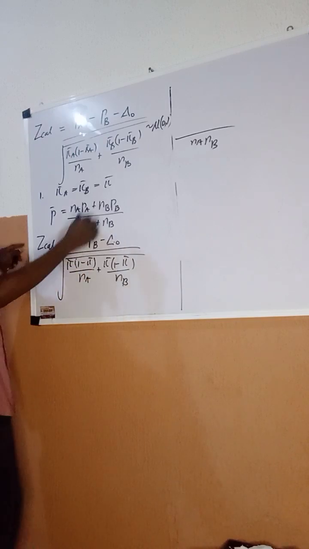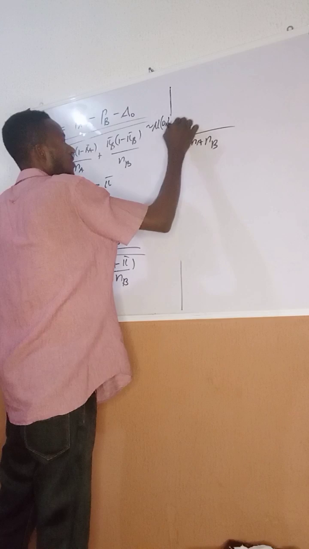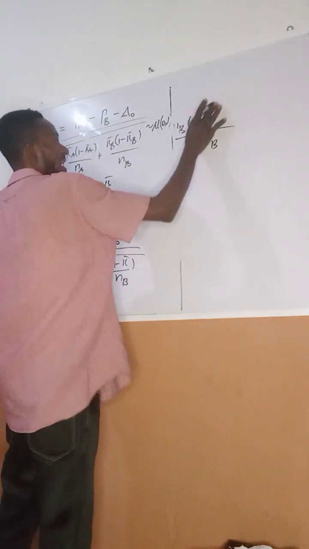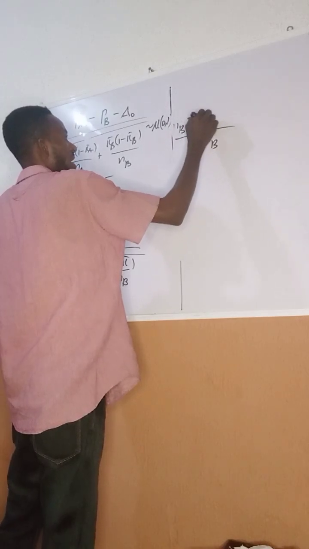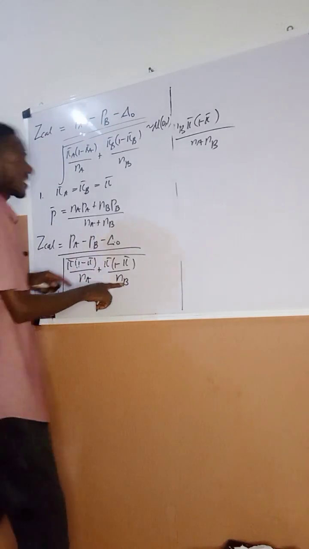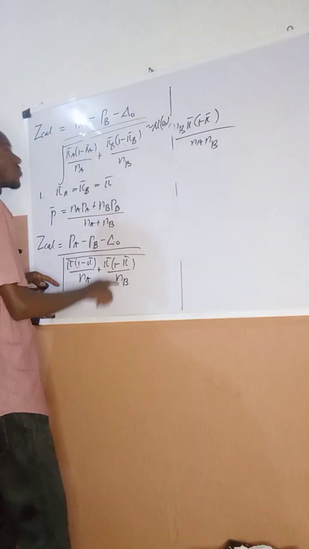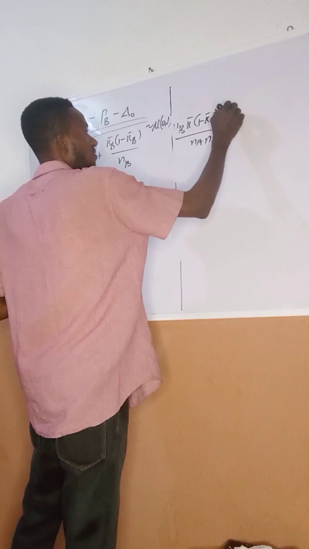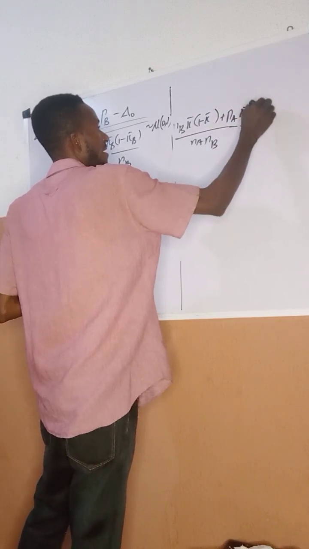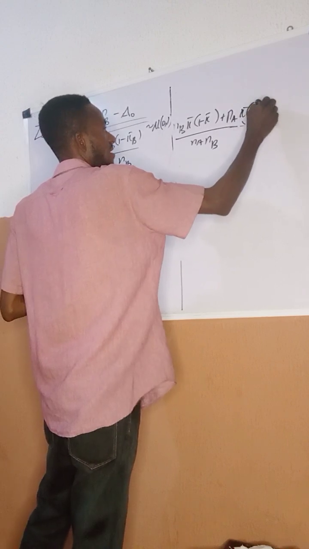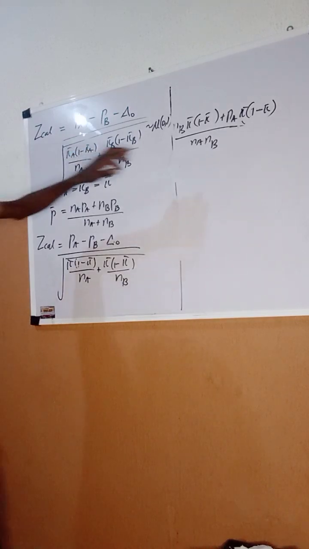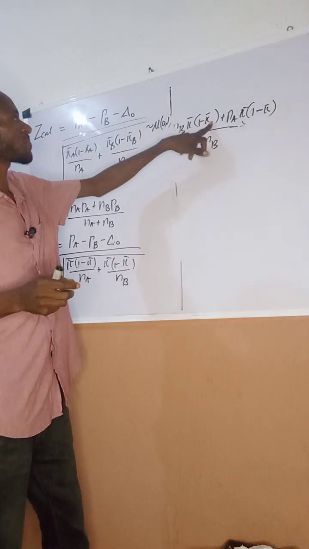So I have n of B into pi into 1 minus pi, which is what I have in this place. Then this quantity divided by this will give me n of A. So I have plus n of A, then pi into 1 minus pi. Close the bracket.